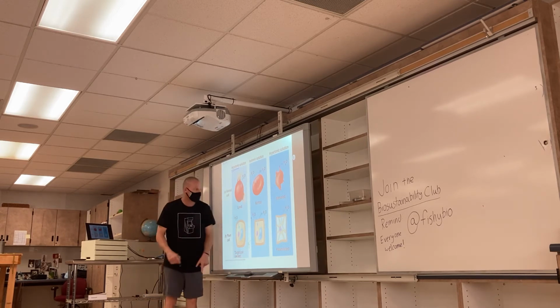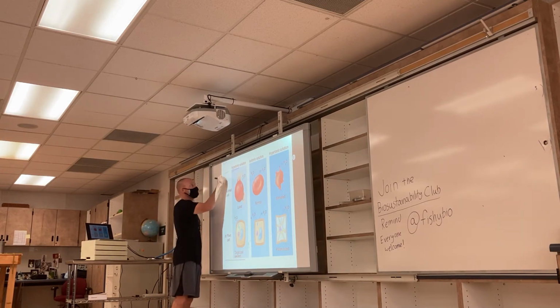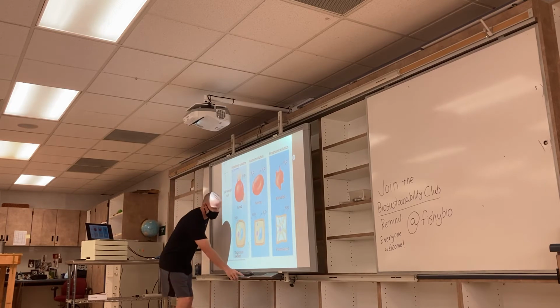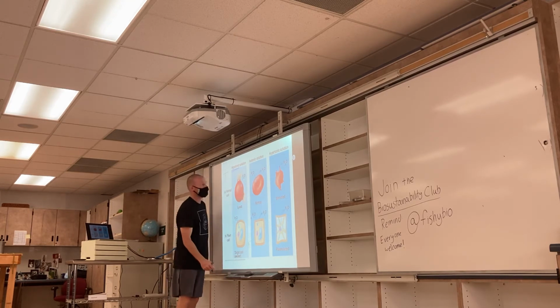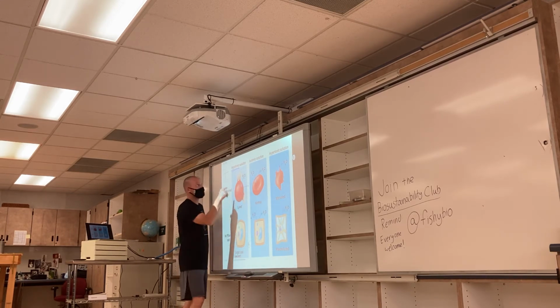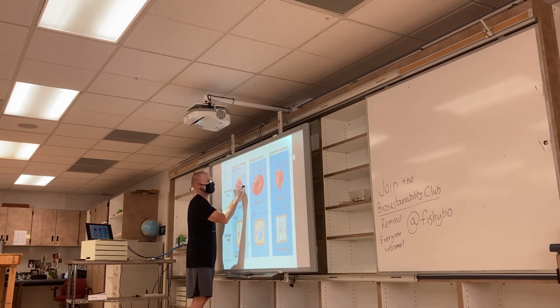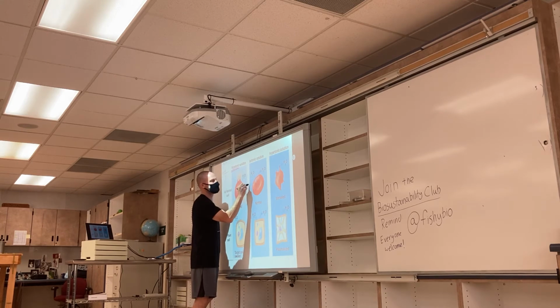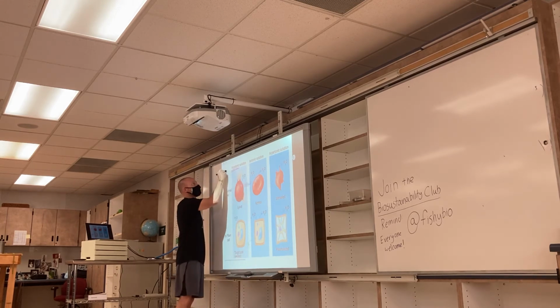So let's go ahead and make our T-chart just so we make sure we understand. That's the outside solution, and then the inside solution, I'm going to draw it right here next to the cell, like this, right? That's indicating the solution inside. So if we place the cell in a hypotonic solution, we've got solute. We've got solvent. I mean, they're already showing you which way water is going to move, but let's just use this as practice.